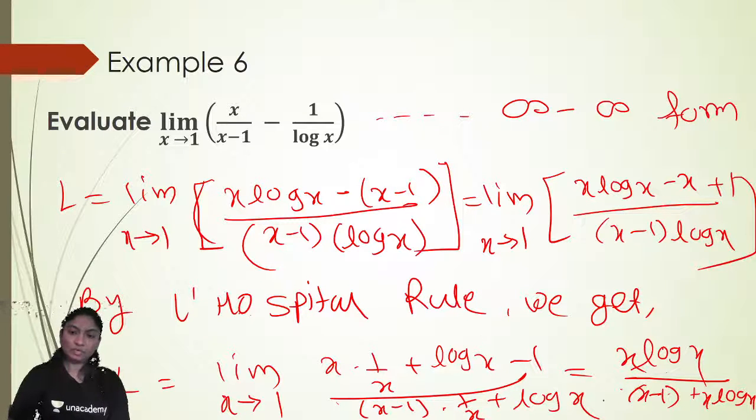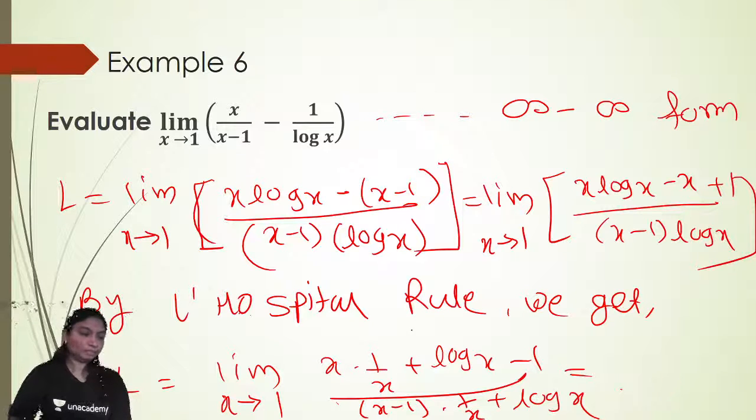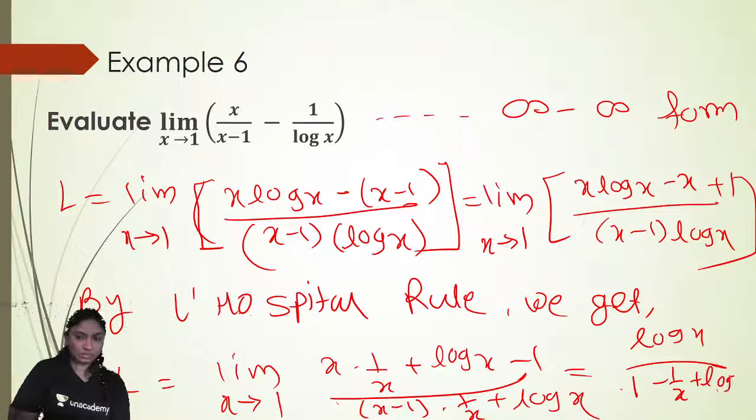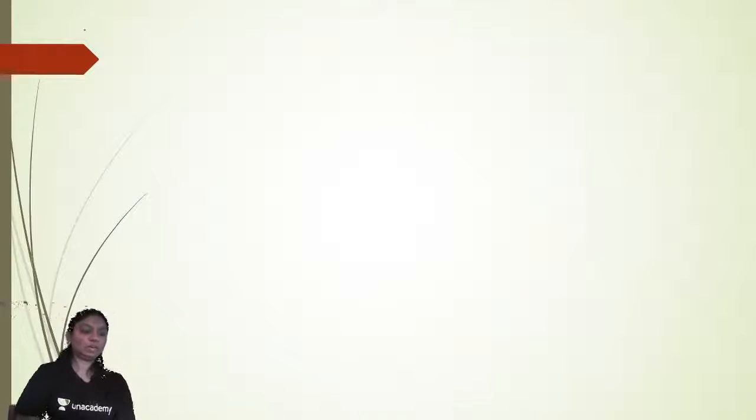Otherwise we can use here the x into log x. Only log x upon x into 1 by x is 1 and minus 1 by x plus log x. Right? So it's very simple to find out using the L'Hospital rule.